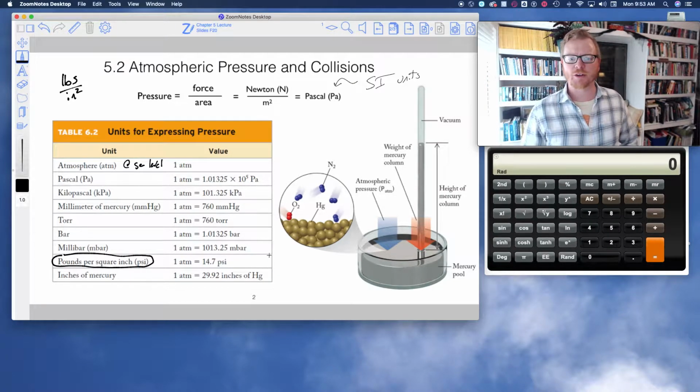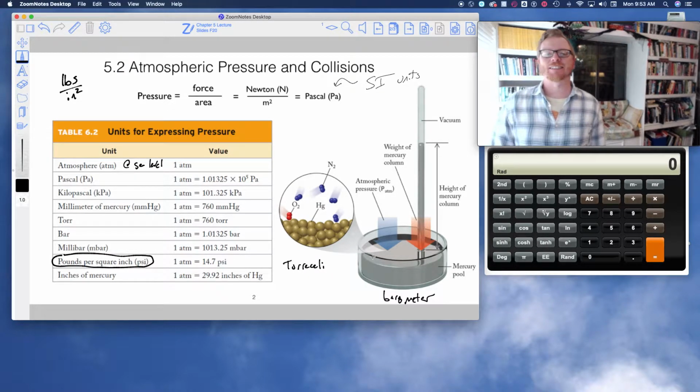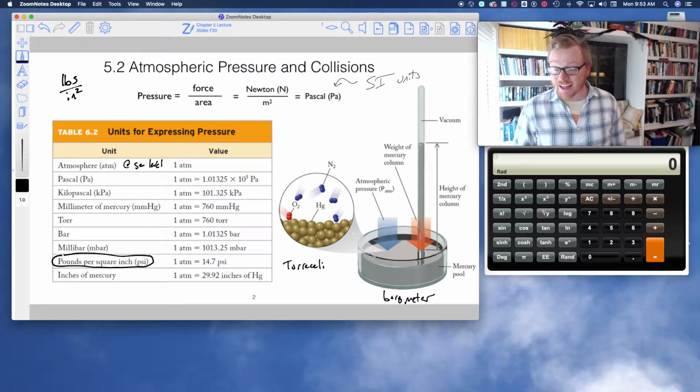Okay, so what about all these other units? Well, there's a really famous device here. This is called a barometer. This was actually invented by a gentleman of the name Torricelli, an Italian scientist who was Galileo's graduate student.